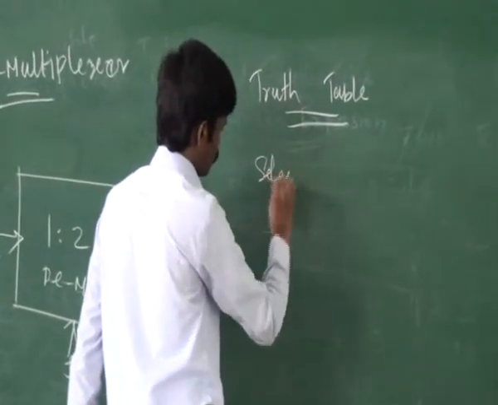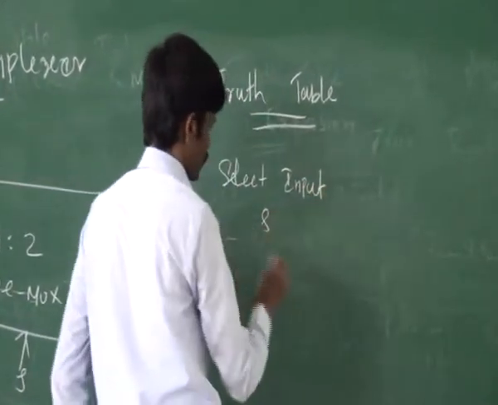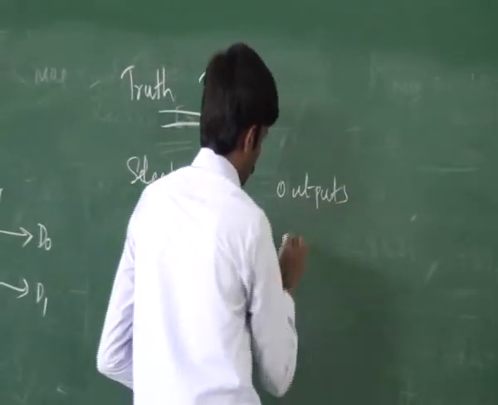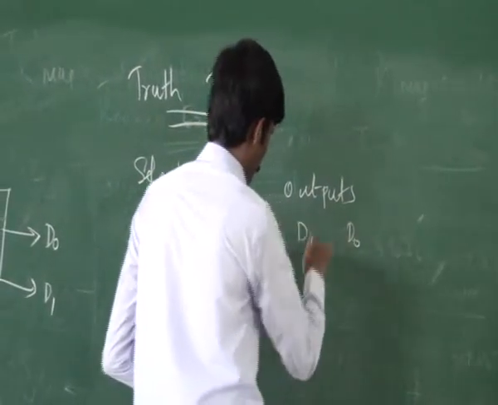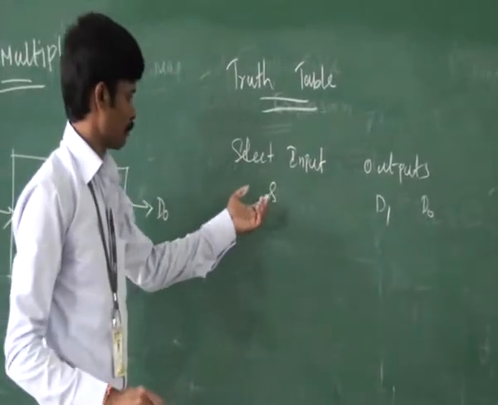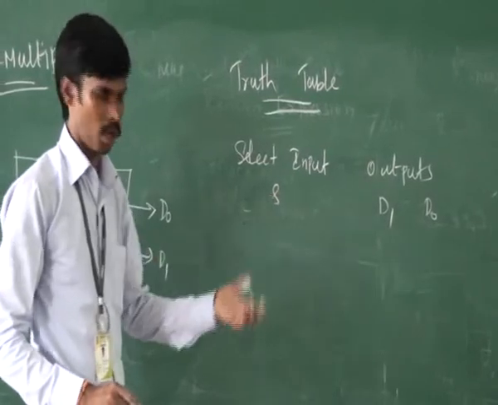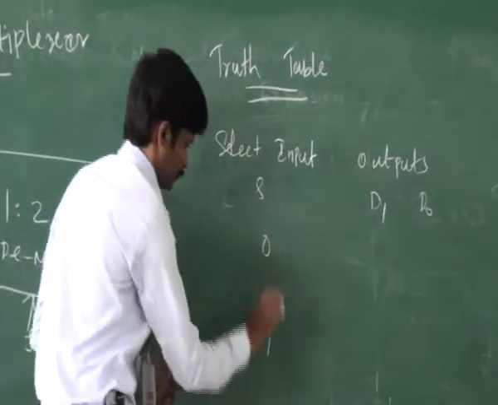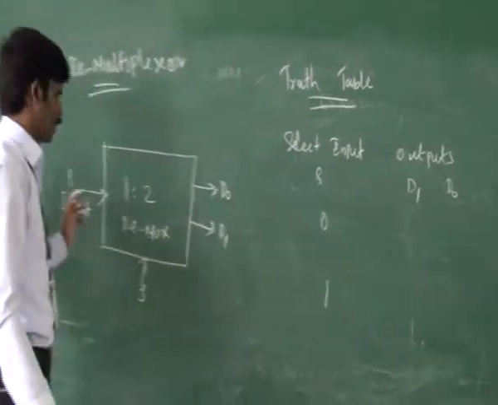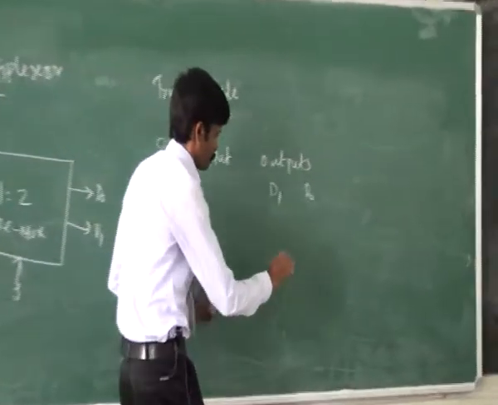We have one select input and two outputs, D0, D1. Here we have a single input, and the select input can be either 0 or 1. When S is equal to 0, the input is connected to D0.